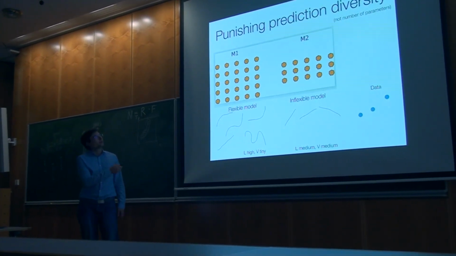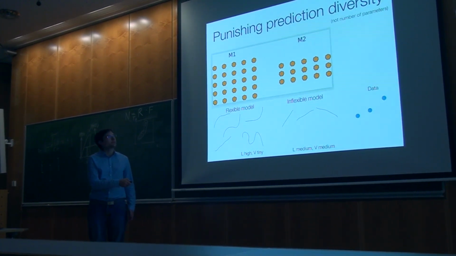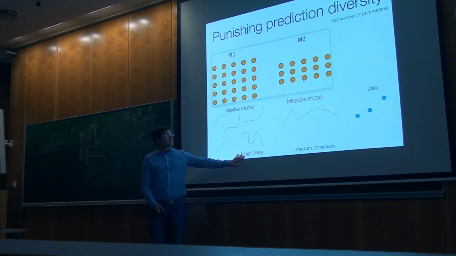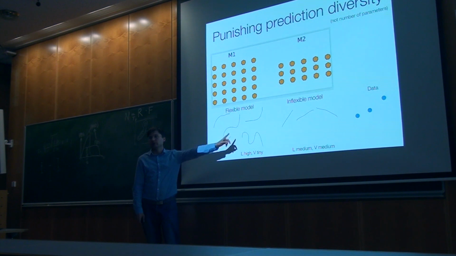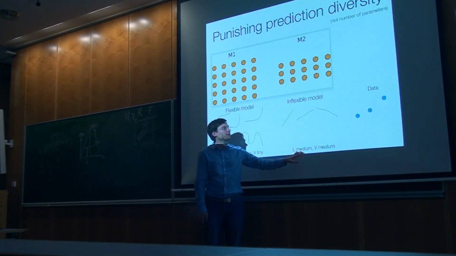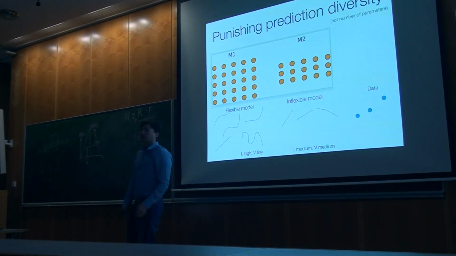But at the same time, because this model can produce all kinds of data, has a high prediction diversity, only a very small region here will look like the data. So although the likelihood here will be higher, the volume that makes something similar to the data is tiny. Whereas here, the likelihood might be a bit smaller, but the fraction of the volume in that parameter space is larger.